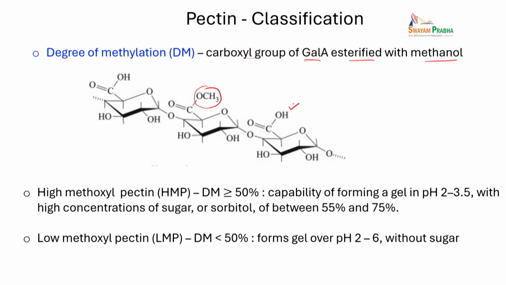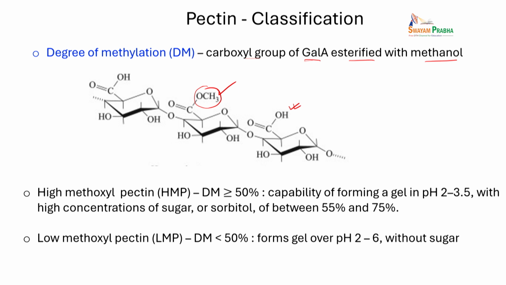So this is unmethylated, unesterified; this is esterified. Now if you have 10 such groups, how many of them are esterified with methanol tells you the degree of methylation. If all the acidic groups are esterified, you have 100% degree of methylation. When none of the carboxylic acid groups are methylated, you have 0 degree of methylation.